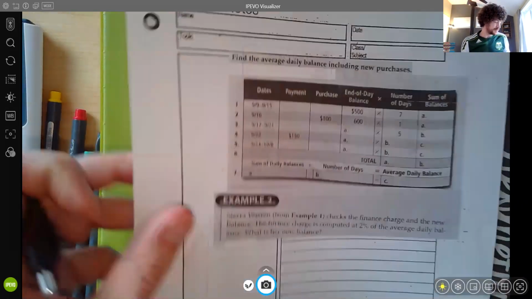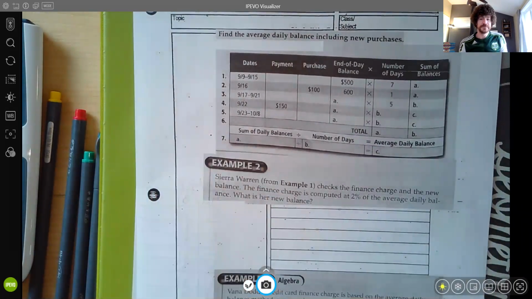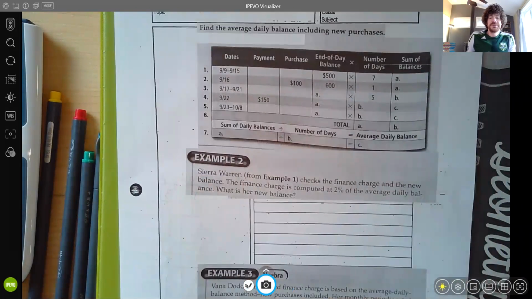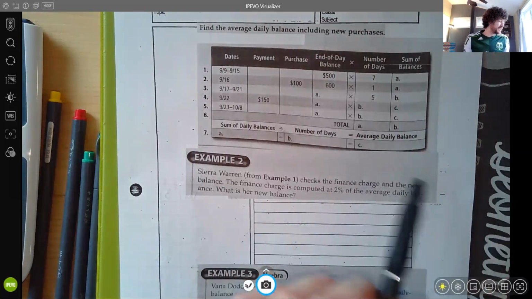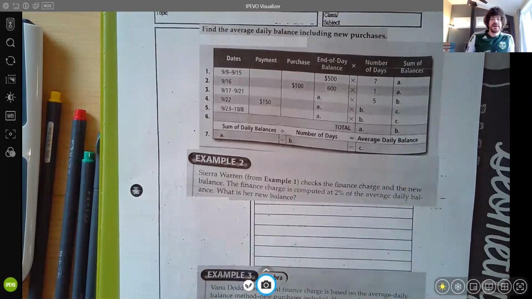Moving right along, we've got a brand new table here, and we're going to be filling it out for some different A's, B's, and C's, figuring out the sum of the daily balances, the number of days, and the average daily balance.